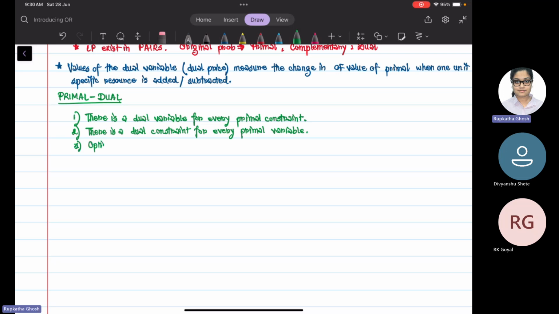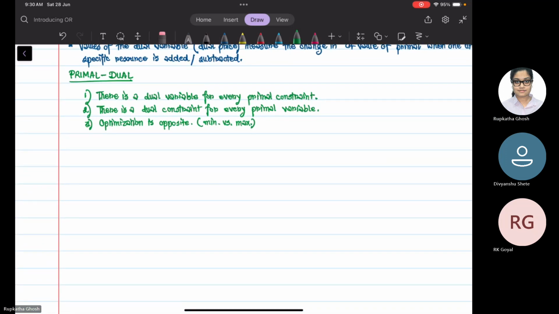The sense of optimization is opposite. Always min versus max. The right hand side in the primal is your objective function coefficient in the dual, right?